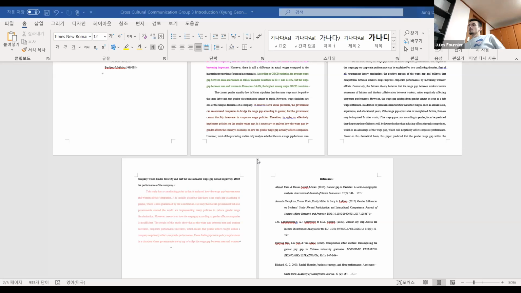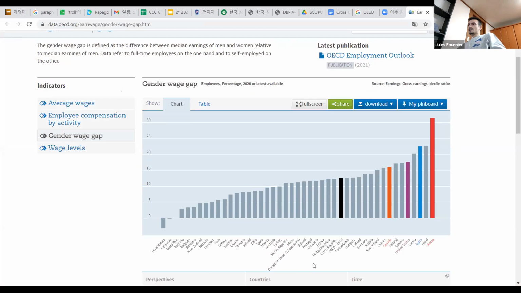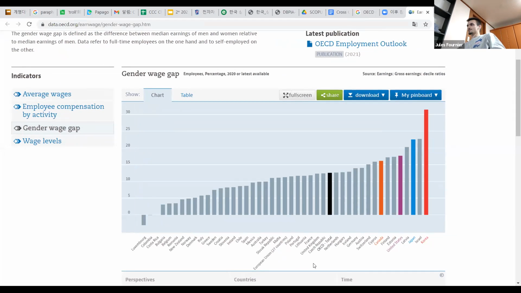Okay, so it was really dense, just like the previous presentation. They were talking about the differences between men and women, notably the payment, the... I don't really know the word, between men and women, and they said that Korea has the largest gap. Yes, wage. That's the word I was looking for.